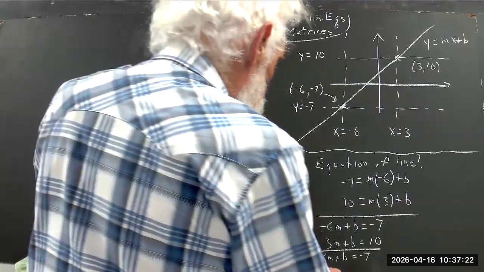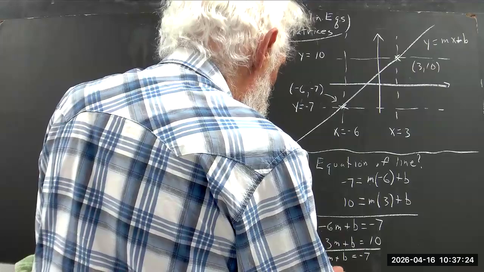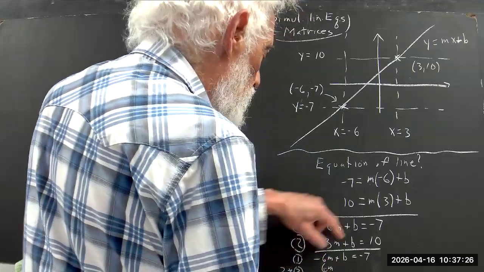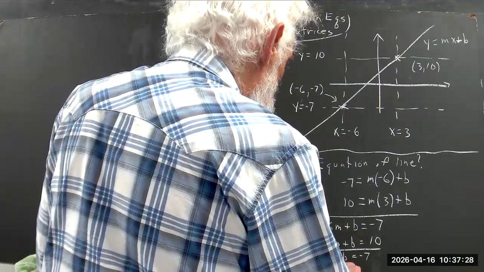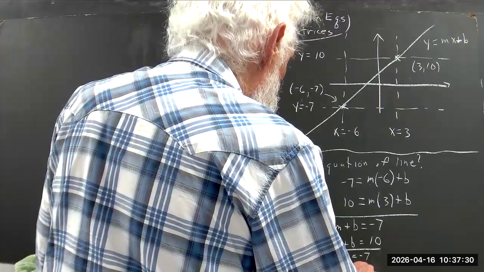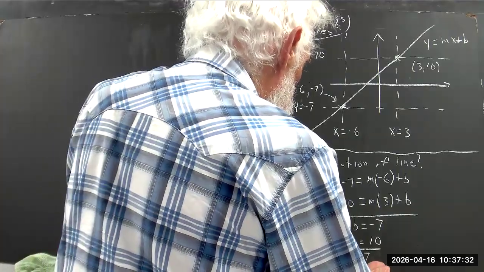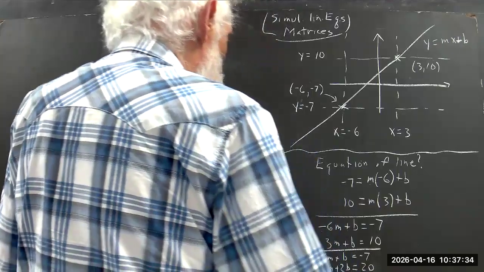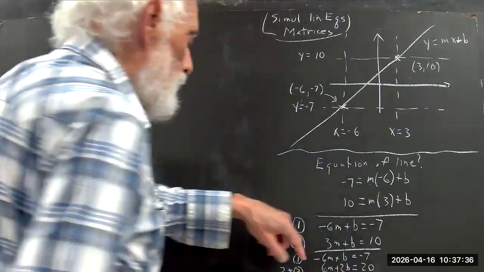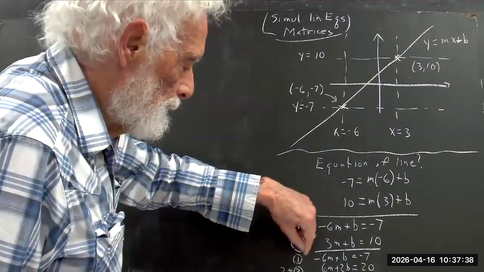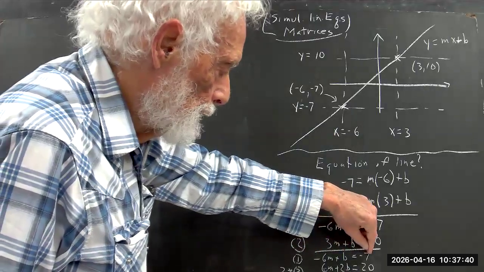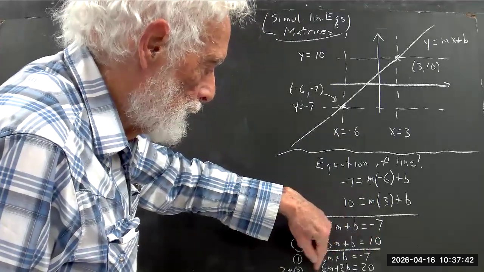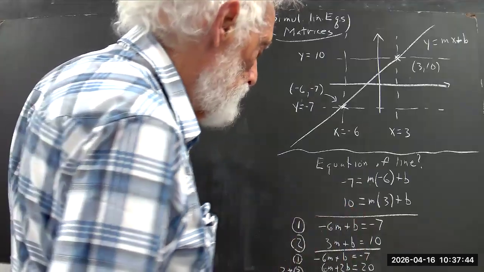So 2 times 3m gives me 6m, 2 times b gives me 2b, and 2 times 10 gives me 20. So now my system is -6m plus b equals -7, and 6m plus 2b equals 20.